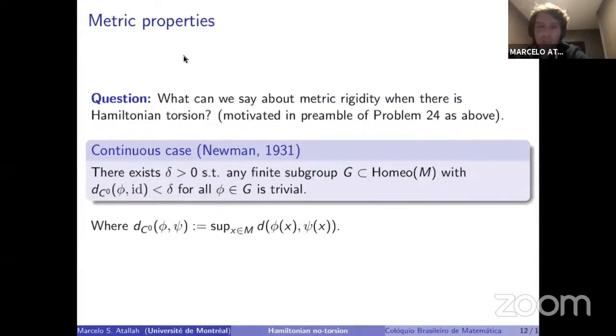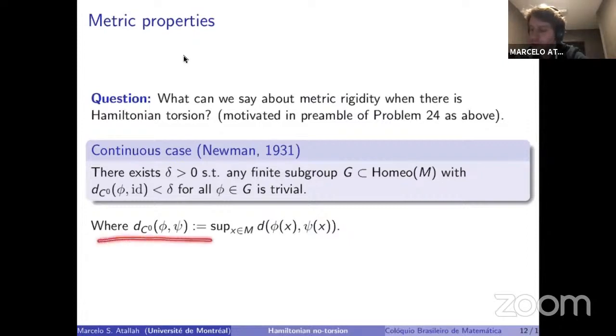And there's also this famous theorem of Newman for the continuous case, which states that for a compact manifold with a distance, one can find a C0 neighborhood of the identity which does not contain any non-trivial finite subgroup of the homeomorphisms of the manifold to itself.